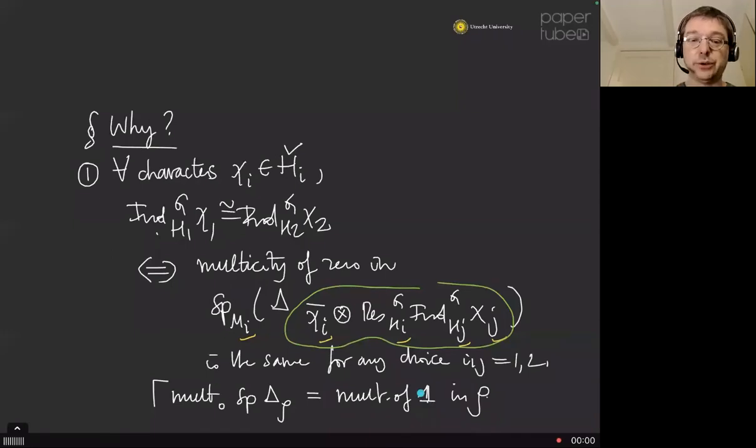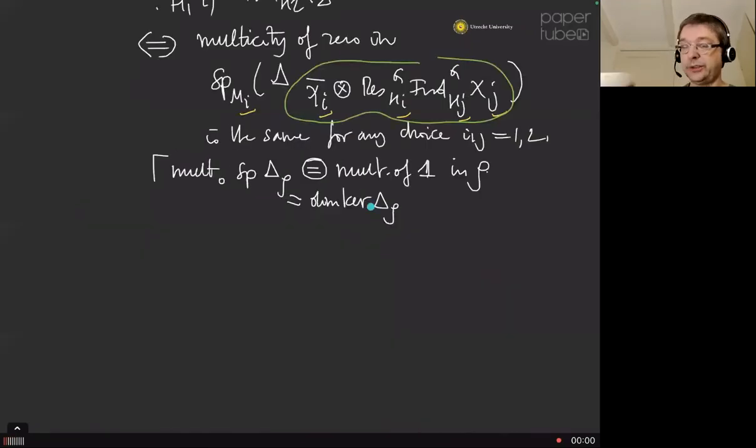And this is maybe the most interesting statement: this is also the dimension of the kernel of the twist. And if you think back, how was the kernel of the twist defined?